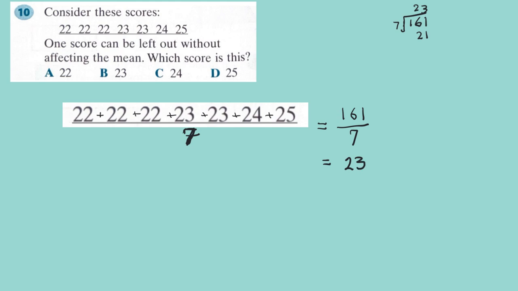Well, in that case, if the mean is 23, then we could leave out the number 23 and it won't be affected at all. The mean will still be 23. Because if I leave 23 out, I'll have only 6 scores to deal with, and it'll still give me a mean of 23. So we'll need to highlight B.